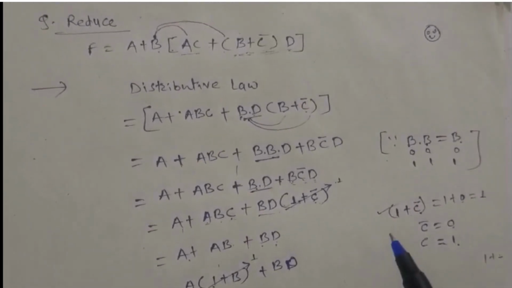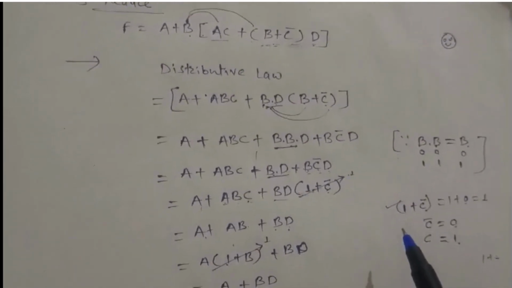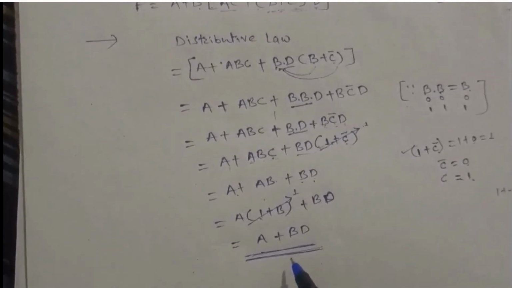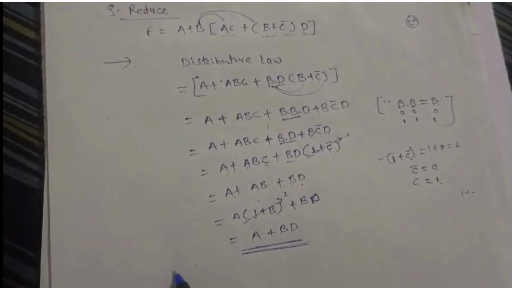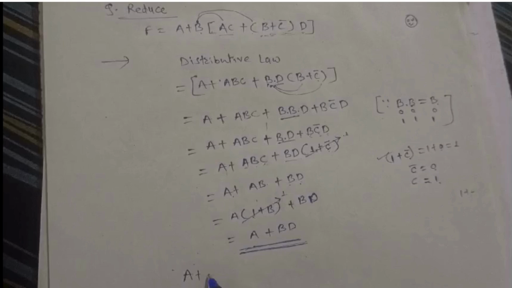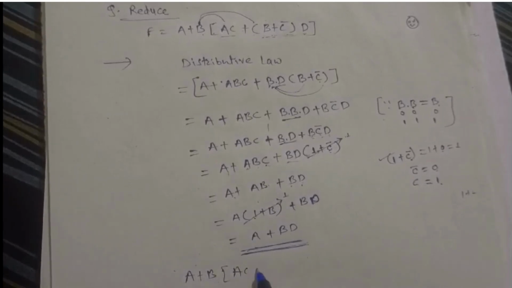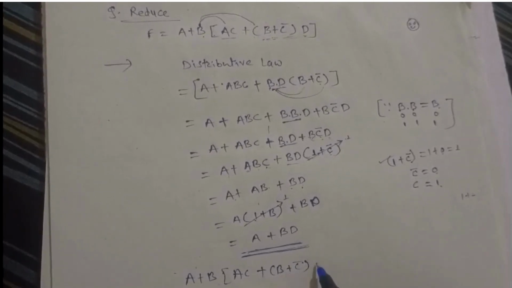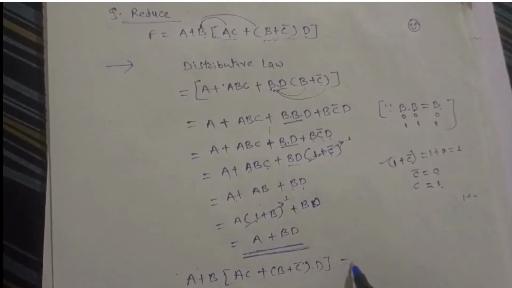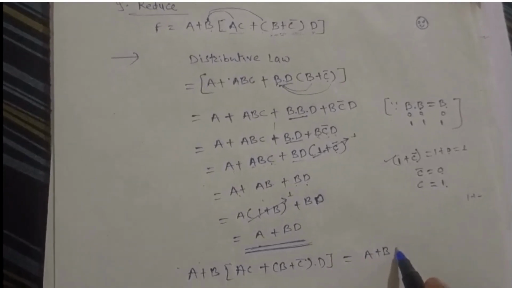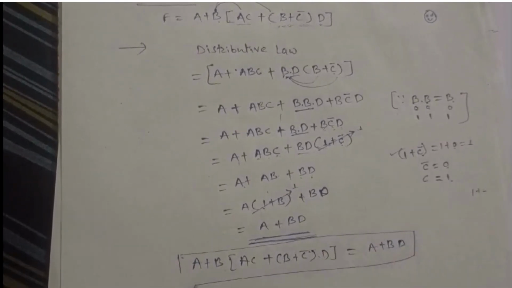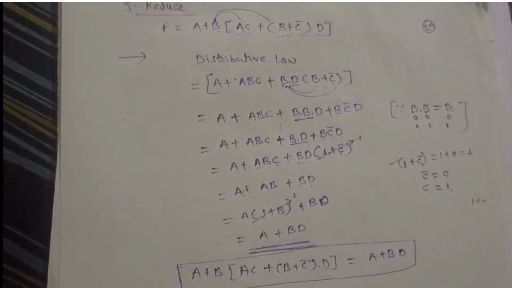For this expression, this will be your final answer, so we can write the given expression A plus B in bracket (AC plus in bracket (B plus C bar) bracket close) into D will be A plus BD. Okay, thank you.